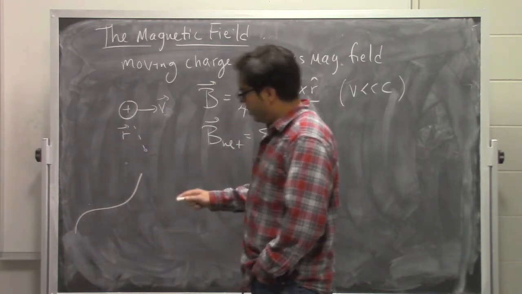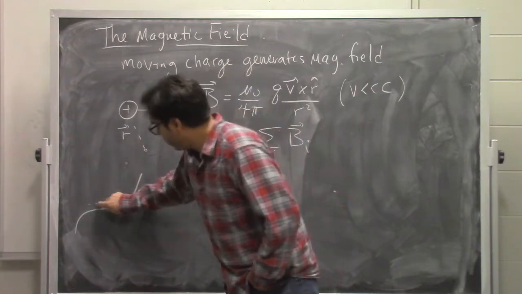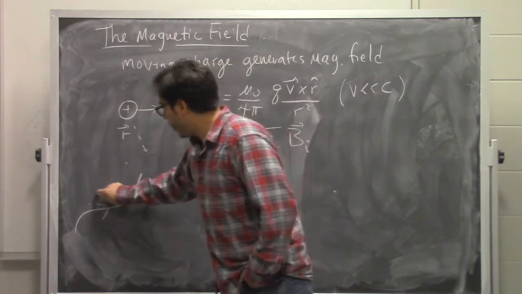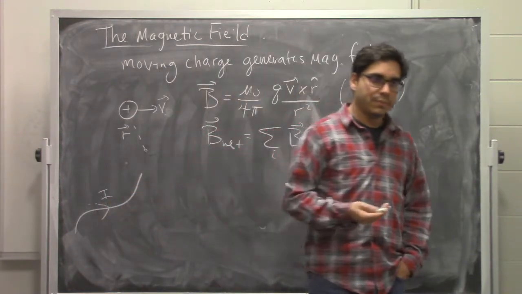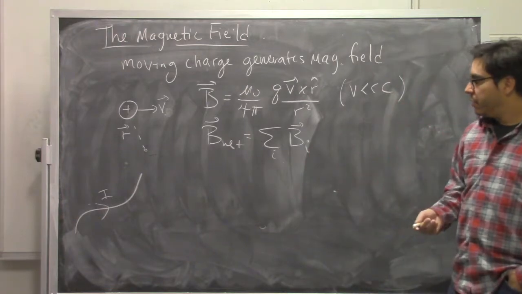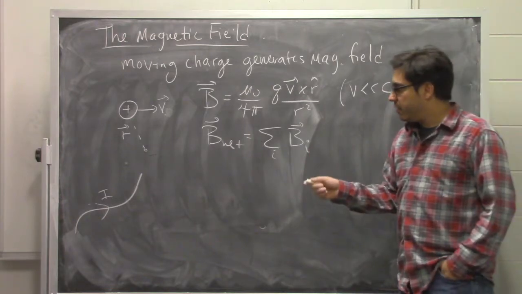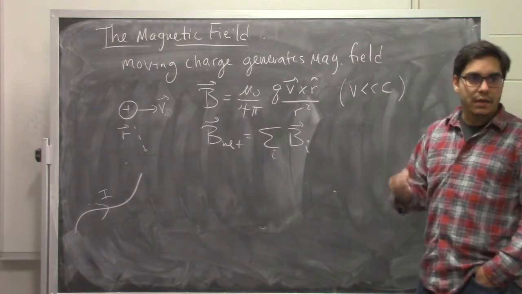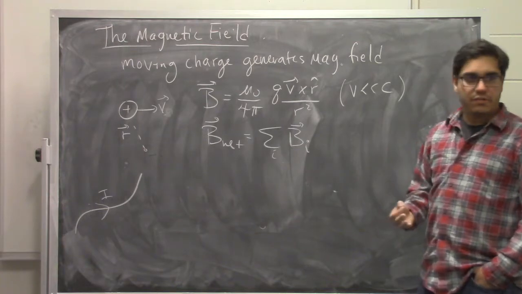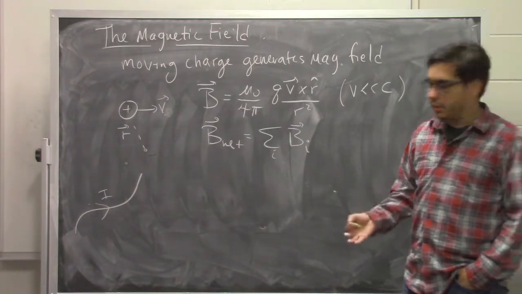Now, what we did in classes discussed, if you have a current, a wire that has a bunch of charges moving, how does that actually work? Well, the way that we deal with that is by figuring out how to add up the magnetic field that is associated with a bunch of moving charges.